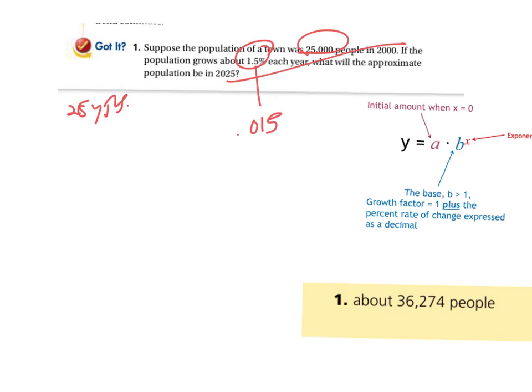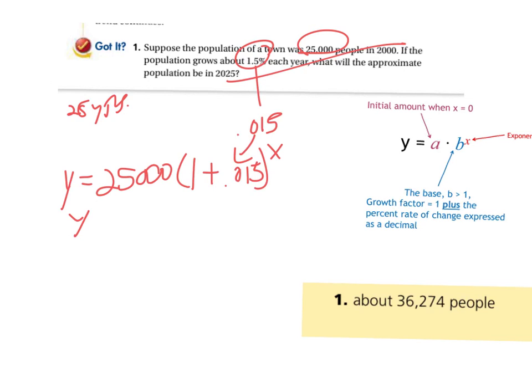So our formula. Y equals A, which is 25,000, that's the initial amount, times 1 plus the growth factor, this one right here, the percent rather, 0.015, to the x power. So that looks like Y equals 25,000 times 1.015.